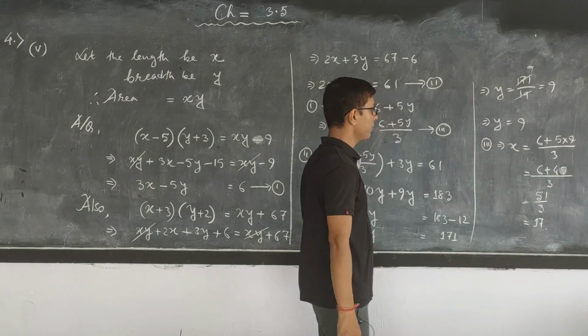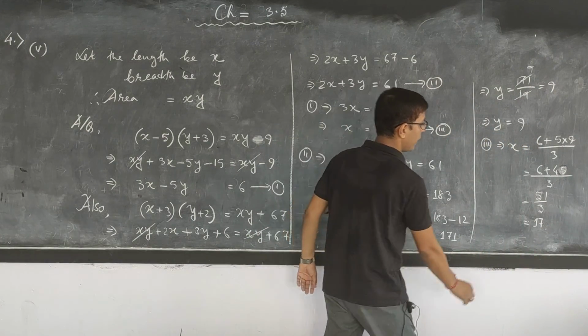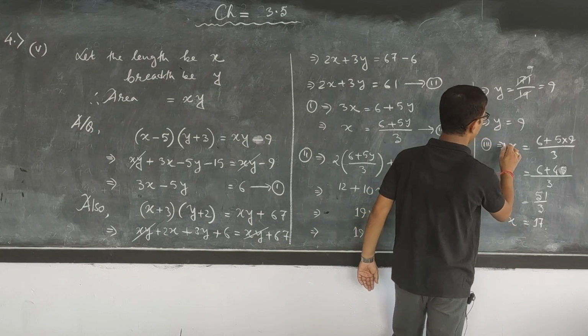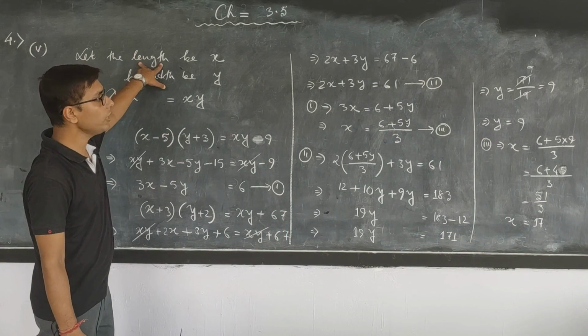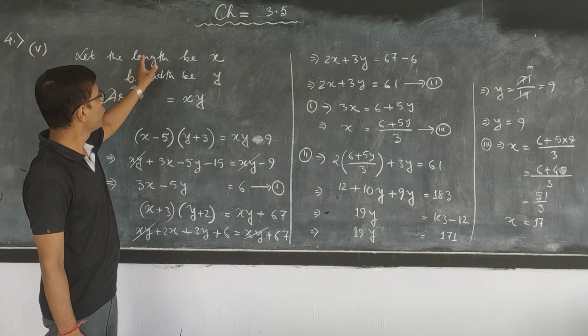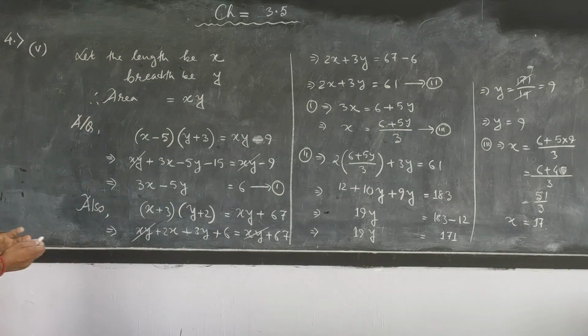So x is 17 and y is 9. X is 17 units and y is 9 units. Length is 17 units and breadth is equal to 9 units.